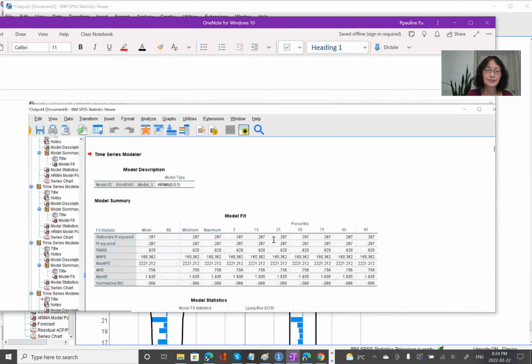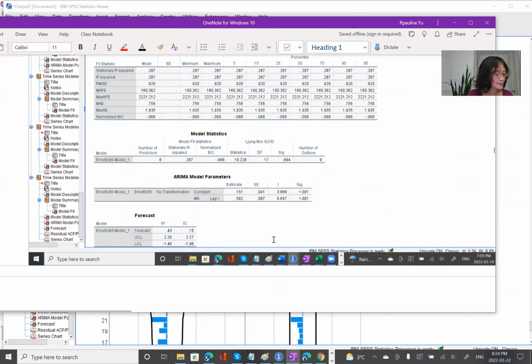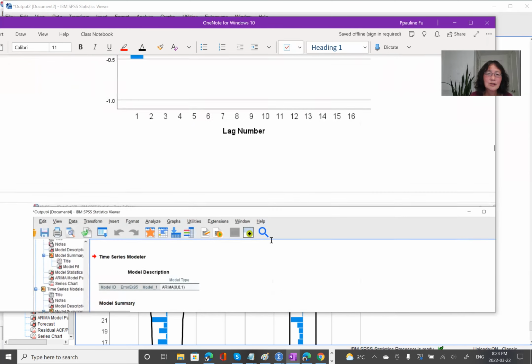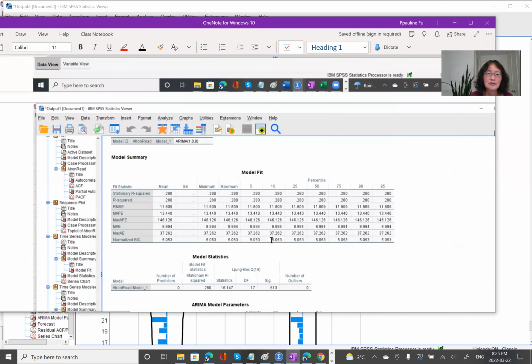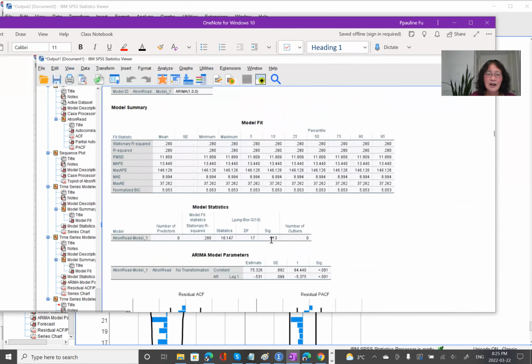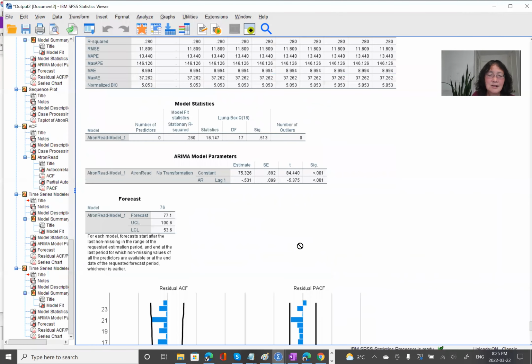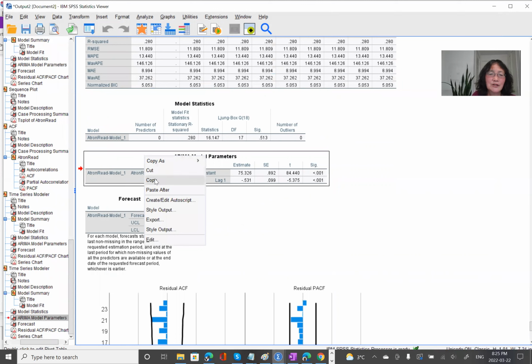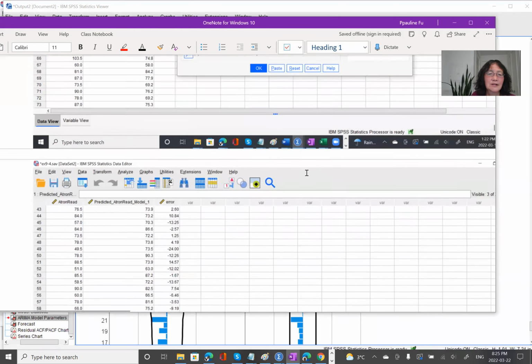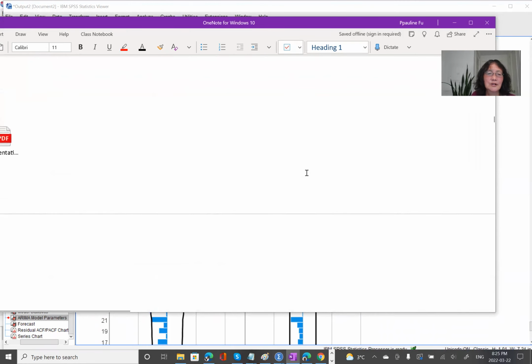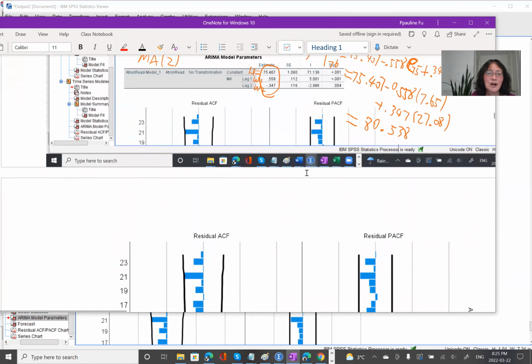I will just copy the result here. So our result will be based on this. Let me try to locate that.